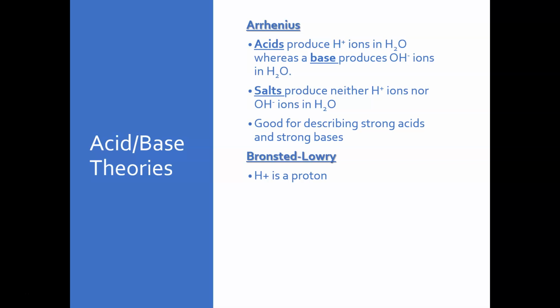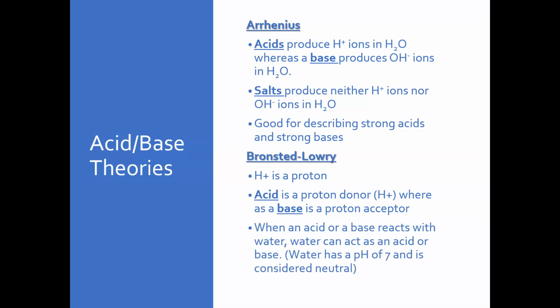No neutron, no electron, just a proton. So therefore, they said that acid is a proton donor, meaning it gives up hydrogen ions, whereas bases are proton acceptors, meaning they are going to take those hydrogen ions that have been released. And this is a much more accurate description of what happens.